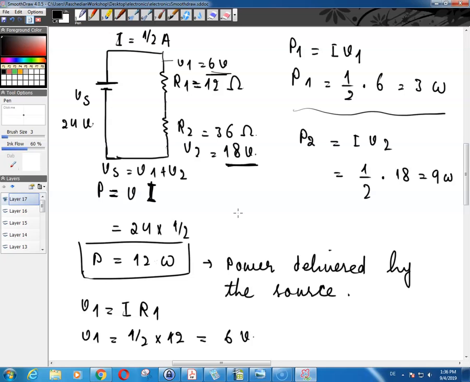And of course, you can see that this resistor has to dissipate 3 watts of power. This resistor over here has to dissipate 9 watts of power. So you have to choose your resistors accordingly, meaning that the power dissipation capability of your resistors must be chosen accordingly.